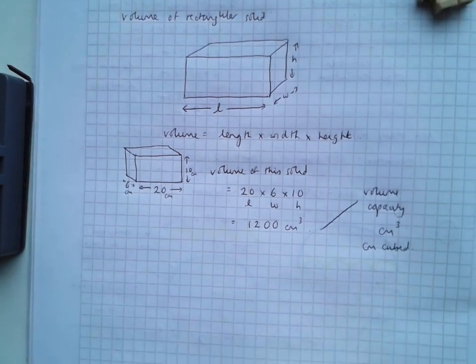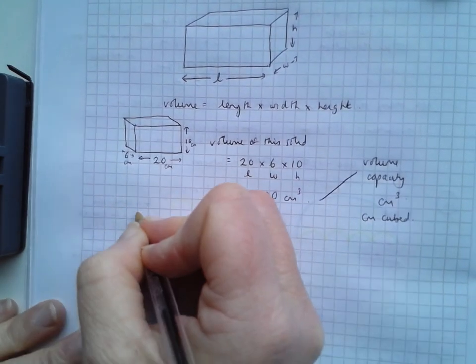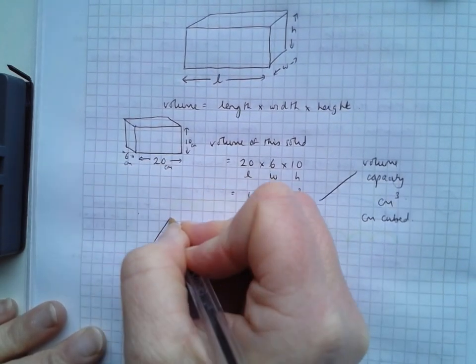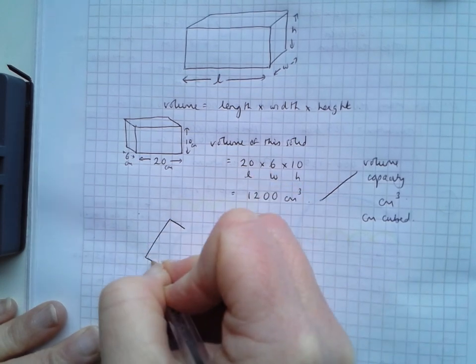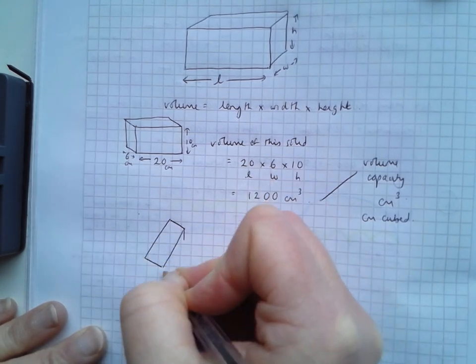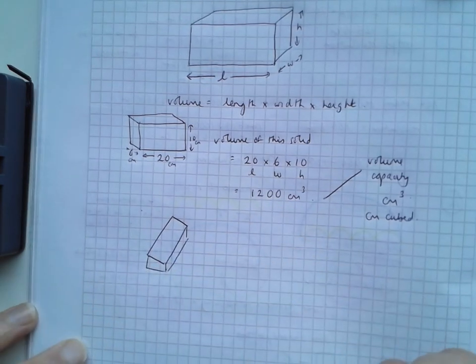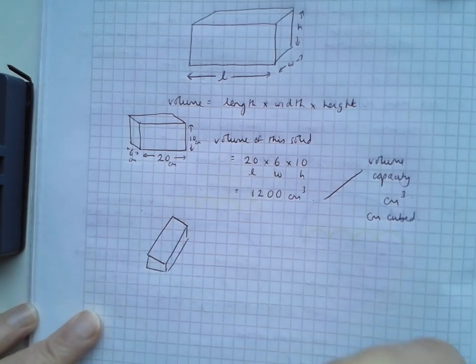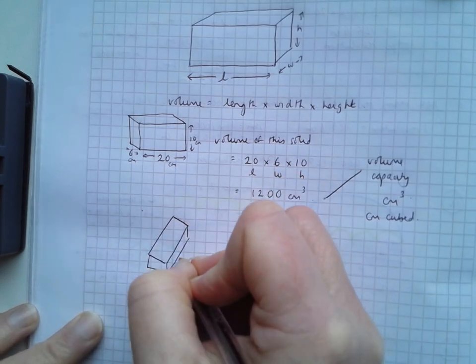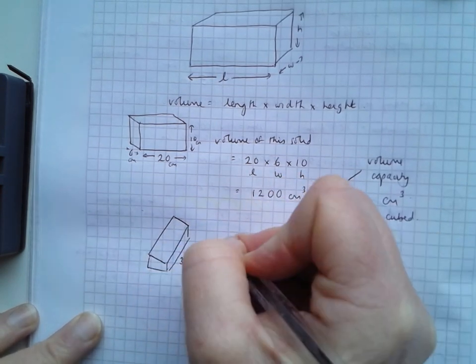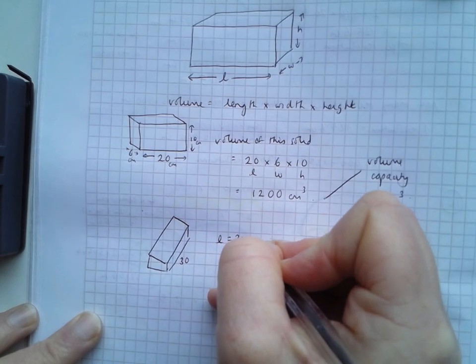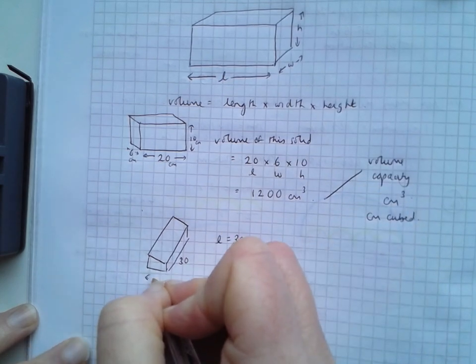What you might be told, I suppose, is you might be given a rectangular solid. If I try to draw them differently now, I know I'm going to get into a mess, so I shouldn't really bother. Anyway, there's a vaguely rectangular solid. And say we were told that this length was 30 centimeters. Say we're told the width was 4 centimeters.